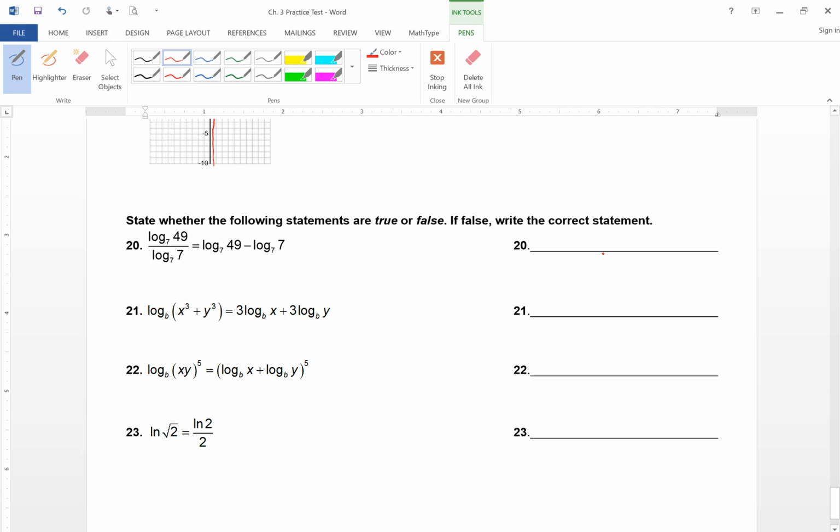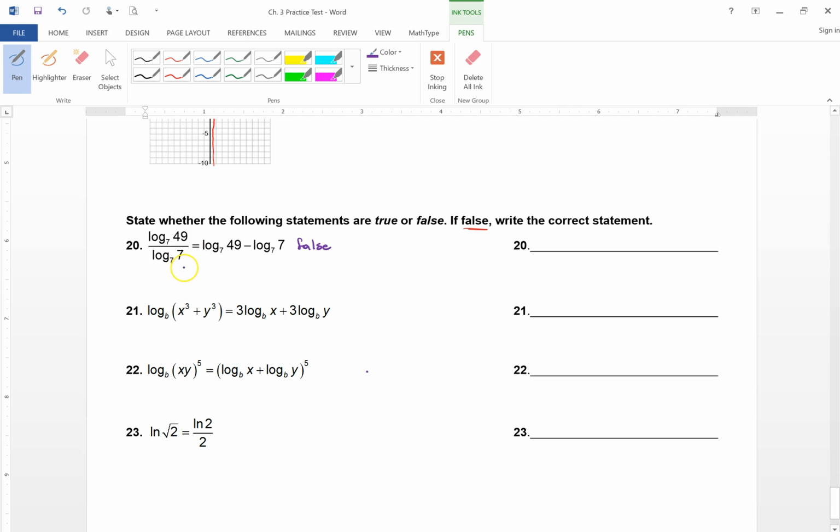Okay, so true or false, and if false, you have to write the correct statement. So this is false. The bottom is 1, right? Because when you combine those, there's only one log. It's log of 49/7, not log 49.